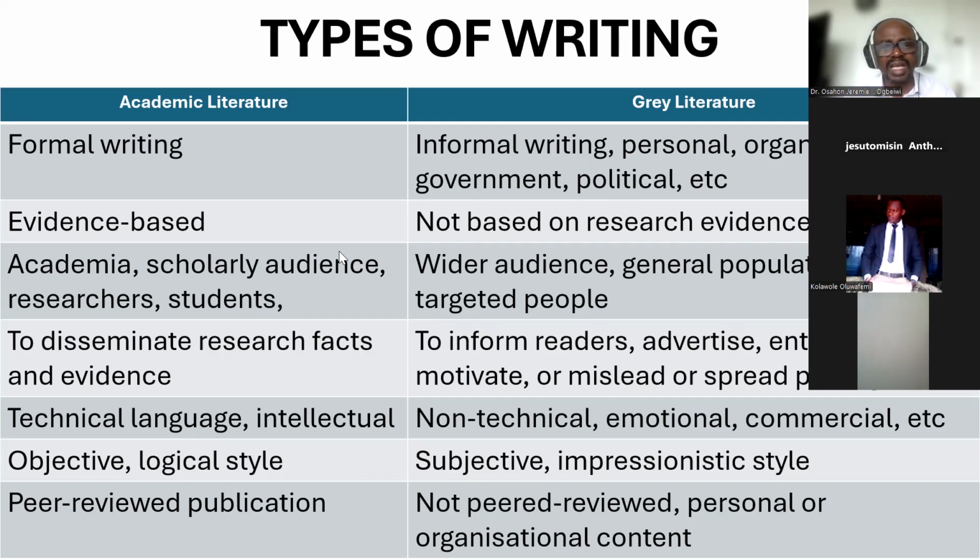A research article doesn't need to make an impression. No, the purpose is just to describe a particular study done and the evidence that was generated from that research. So usually, gray literature is not peer reviewed.